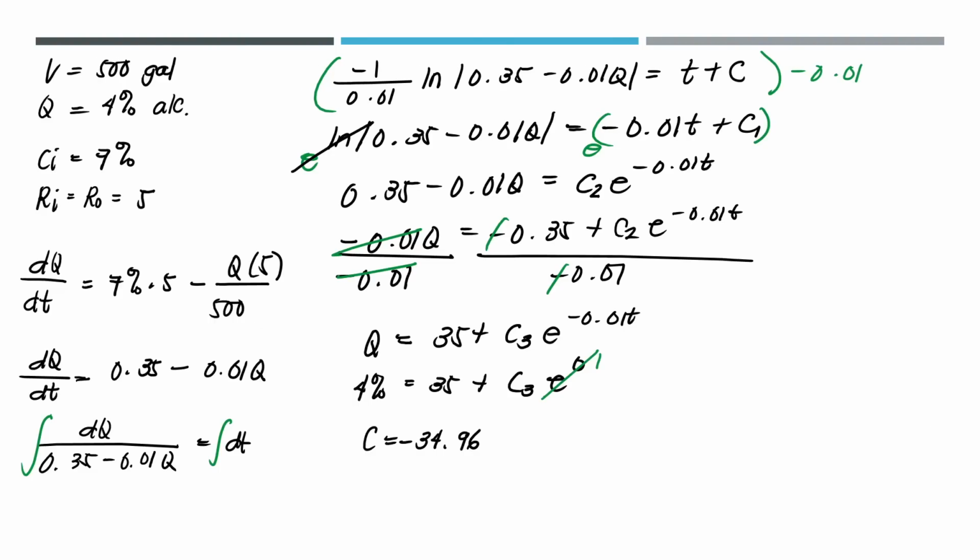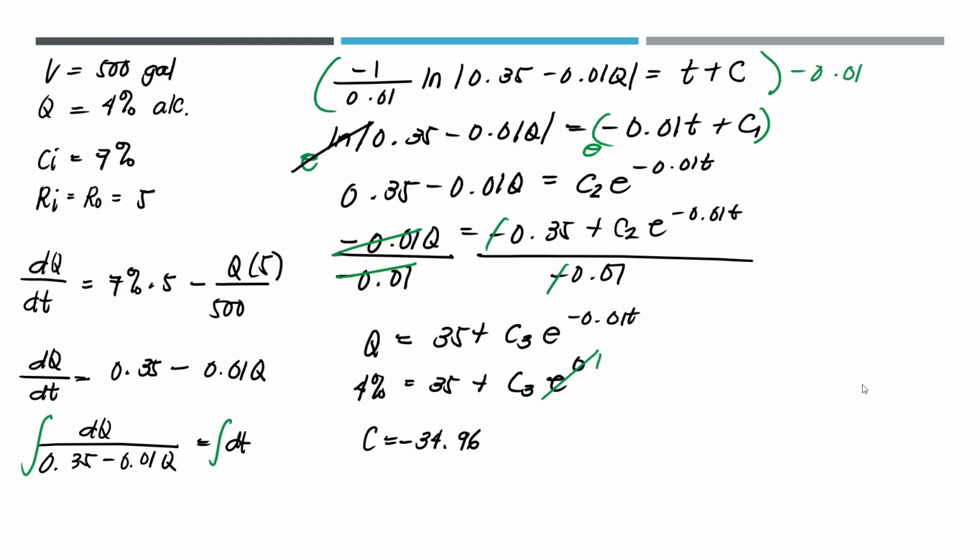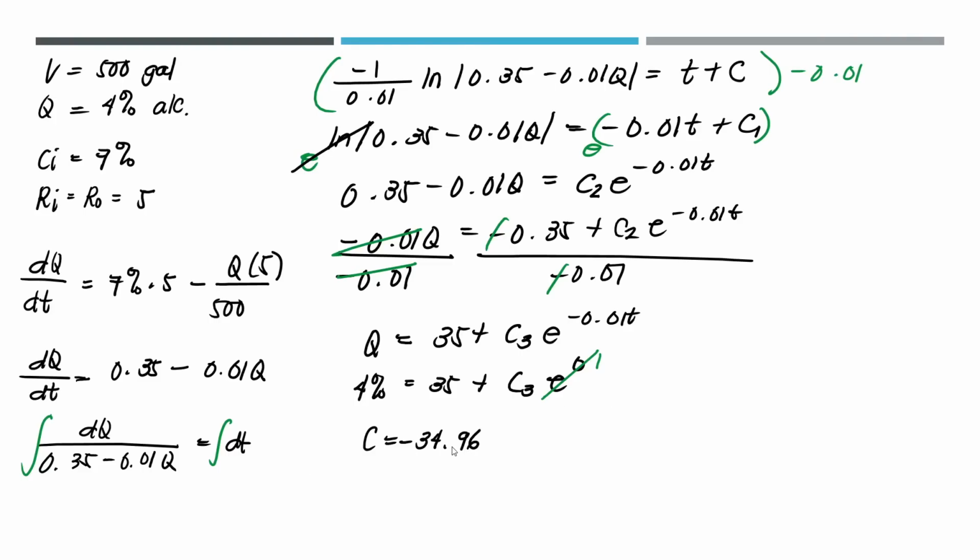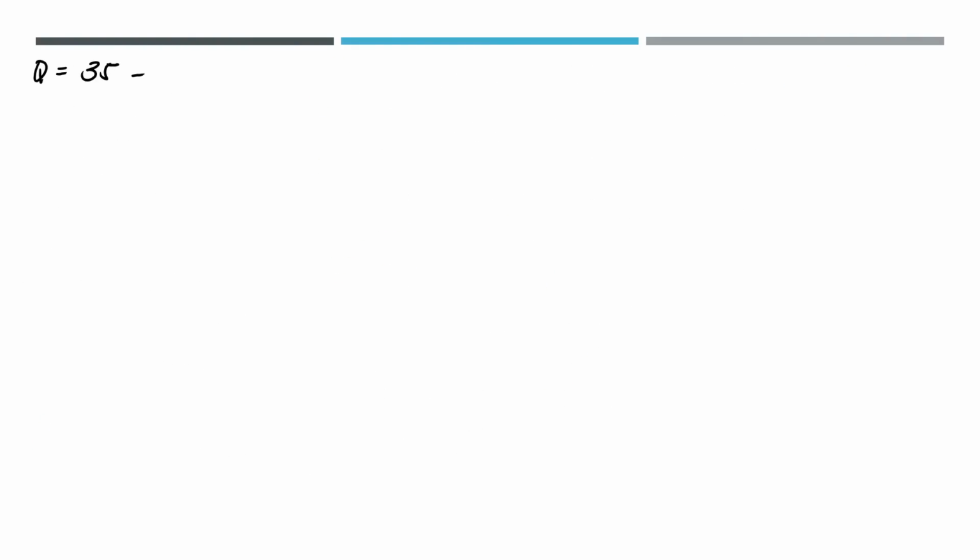Okay, next, we already have our value of C. So let's create the particular solution, kasi tinatanong, di ba, what is the amount of alcohol after an hour? So we have Q is equal to 35 plus C3. By the way, hindi na pala C3 kasi we already have the value of C3 which is negative 34.96.